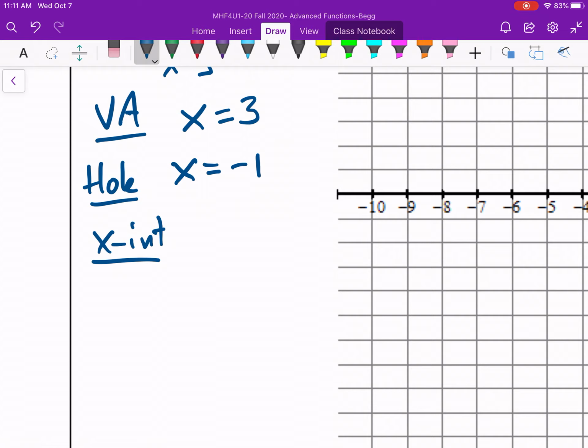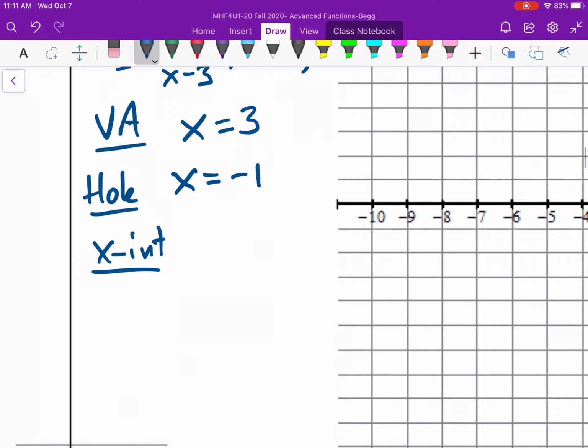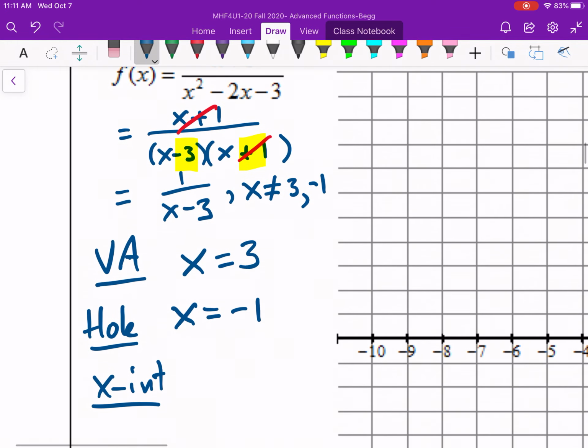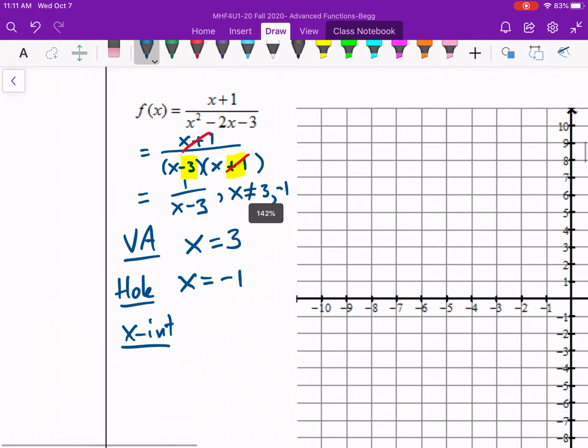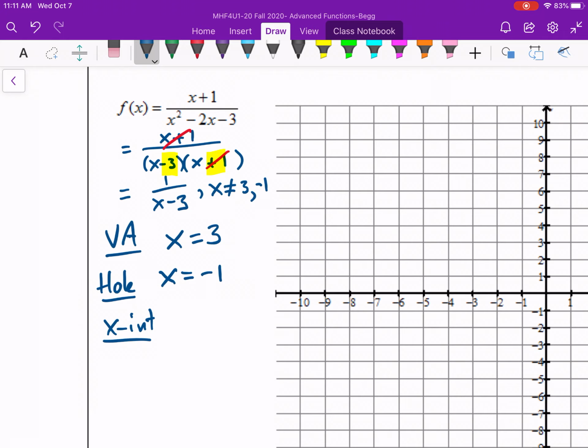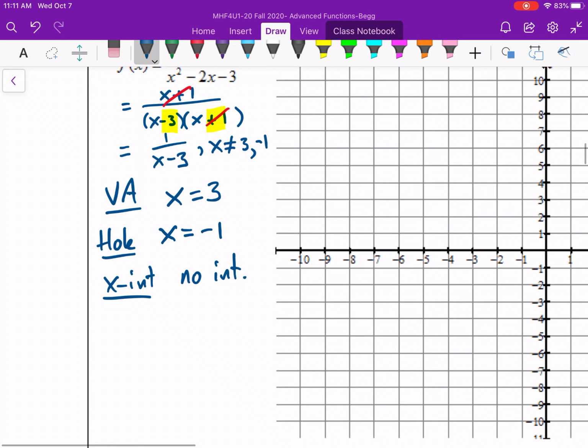Therefore, we have an x-intercept at... Sorry, my bad. I just totally forgot I was talking about the hole. We would have an x-intercept at negative 1, but we've canceled that out. So there's no x-intercept. I had a complete brain blockage for a second there.